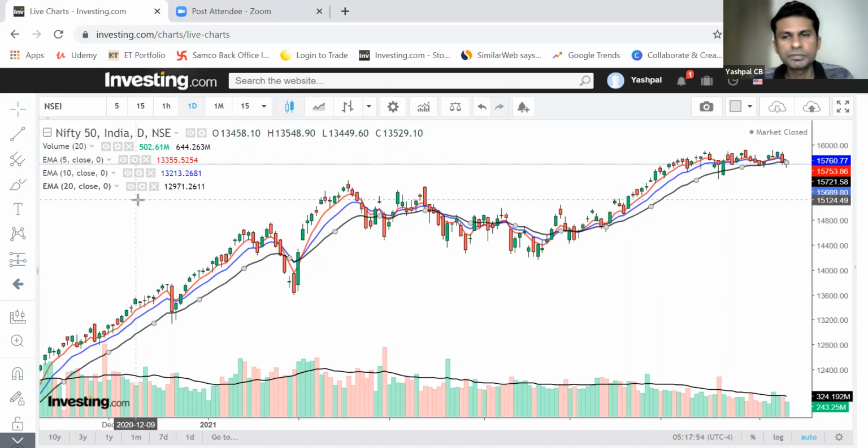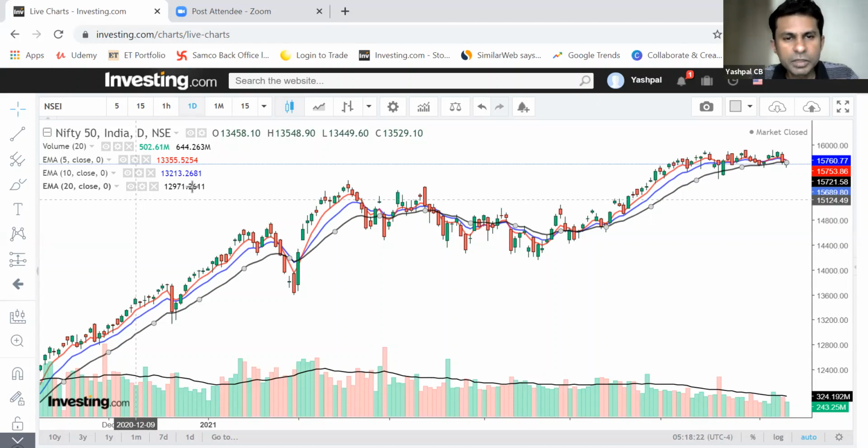Why 5, 10 and 20? Because in a week there are 5 working days in the stock market, Monday to Friday. Half of a month will be 10 working days, and a complete month has 20 working days. That's the reason we are choosing these 5, 10 and 20 moving averages.